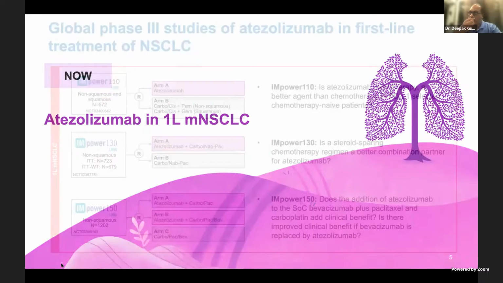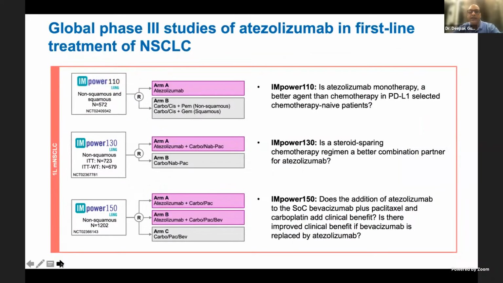So we will talk about atezolizumab in first-line metastatic NSCLCs, and we'll focus on 3 trials. First one being the IMpower 1110, in which atezolizumab single agent was tested for both squamous and non-squamous NSCLCs as compared with chemotherapy as per the histology. It was to test whether atezolizumab monotherapy is a better agent than chemotherapy in PD-L1 selected, chemotherapy-naive patients.